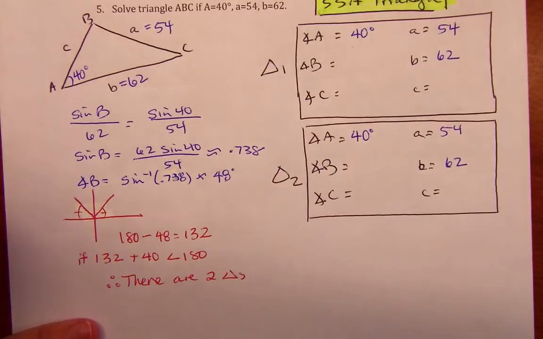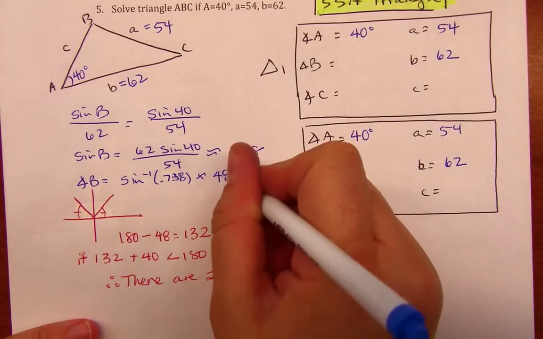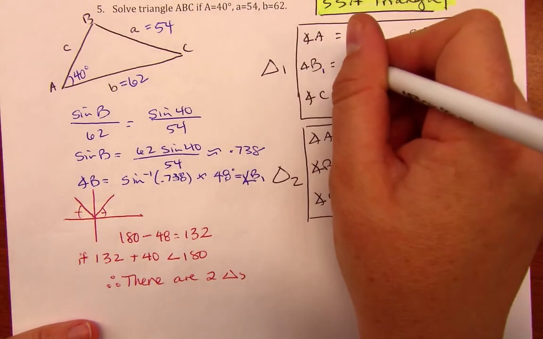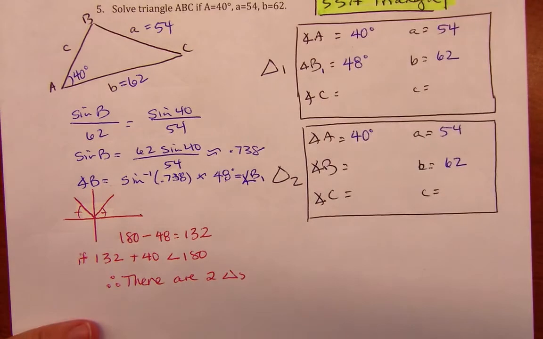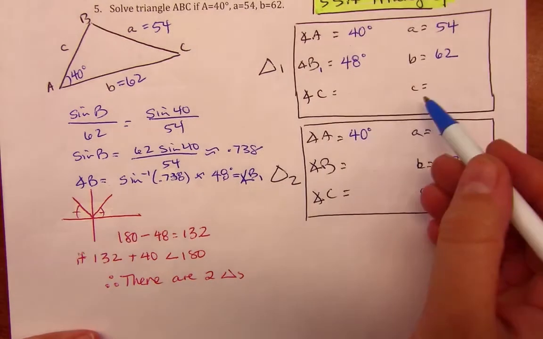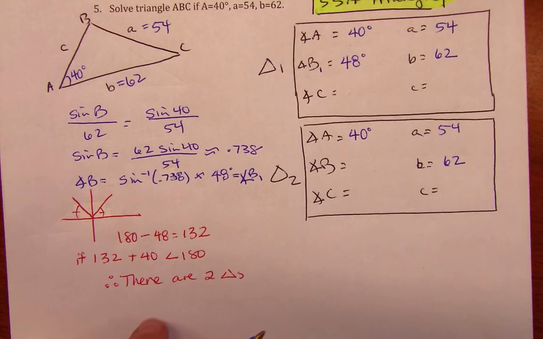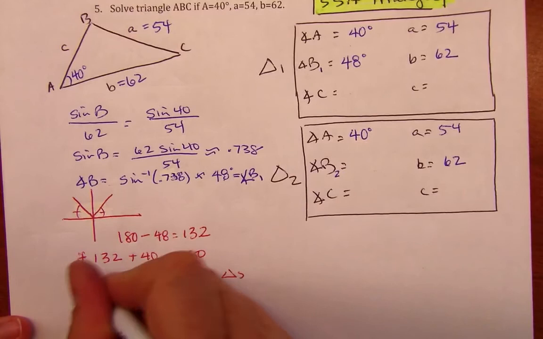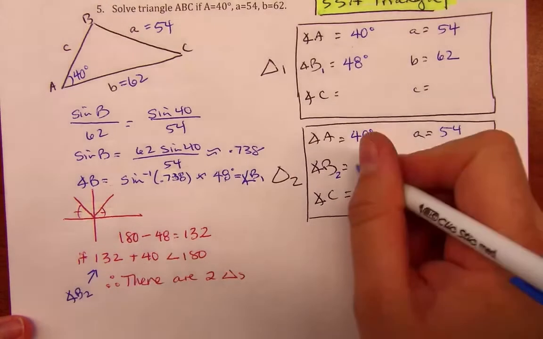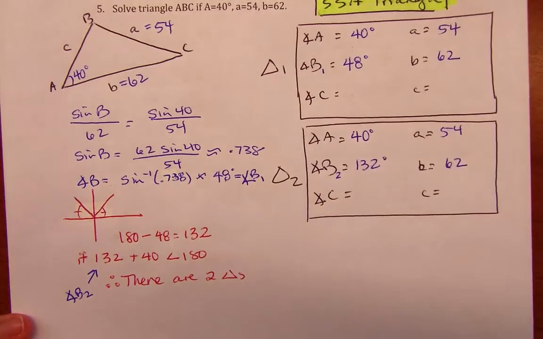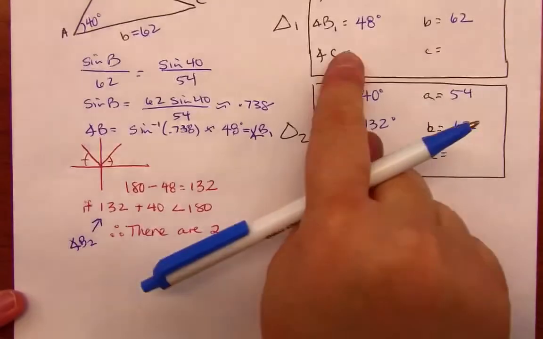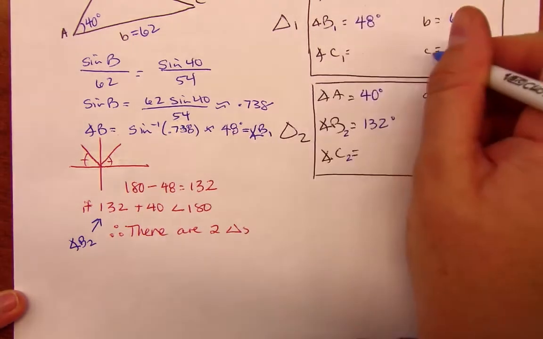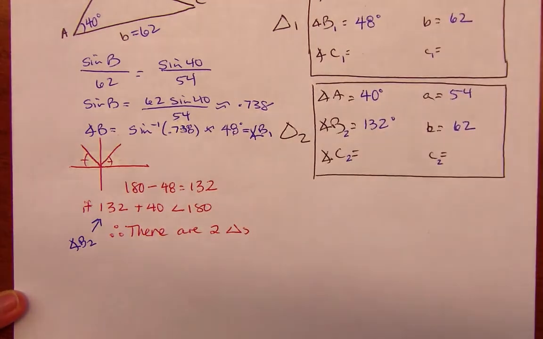So we found that for triangle 1, this is angle B, and I'll just put a 1 there. It was 48 degrees. And then we can find C and side C. And this 132 is our B2. Okay. So angle C and angle C2, we need to go ahead and find.